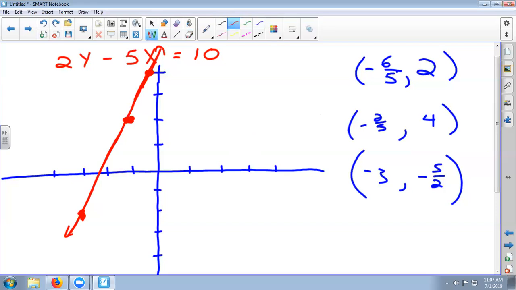A ruler. It doesn't have to be perfect. It helps.